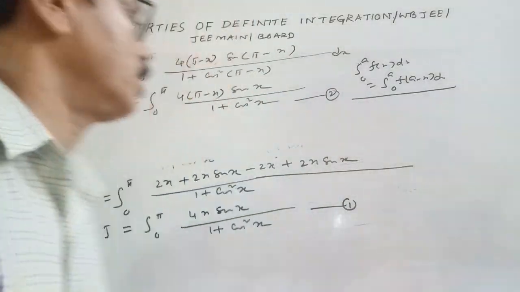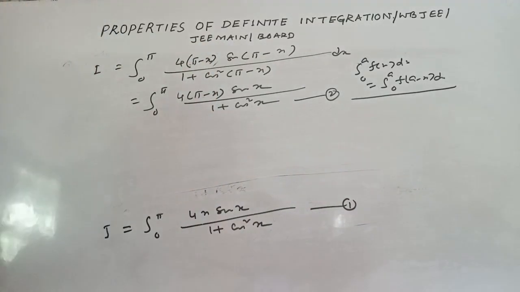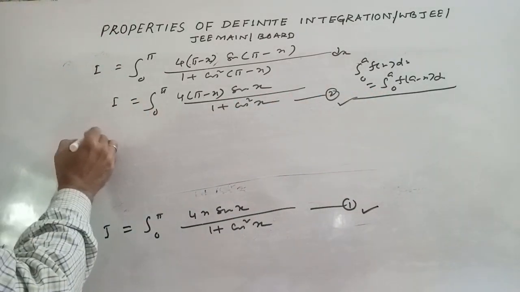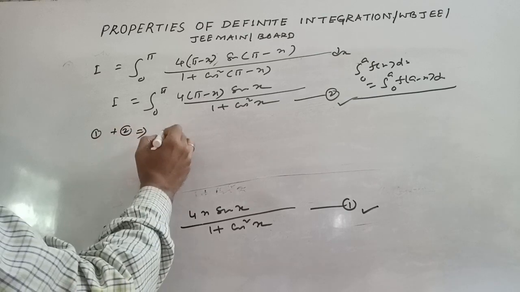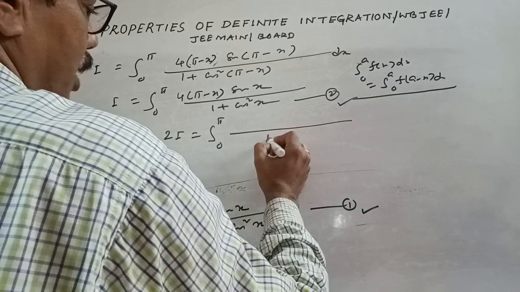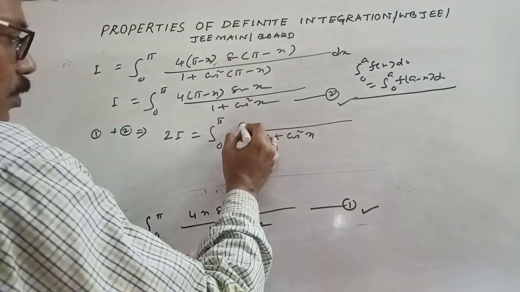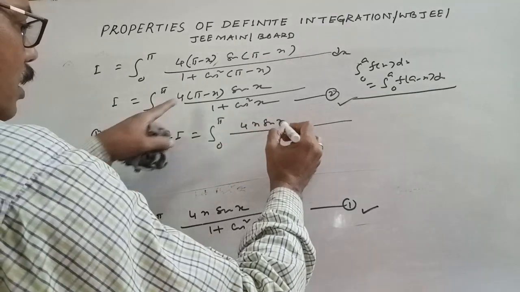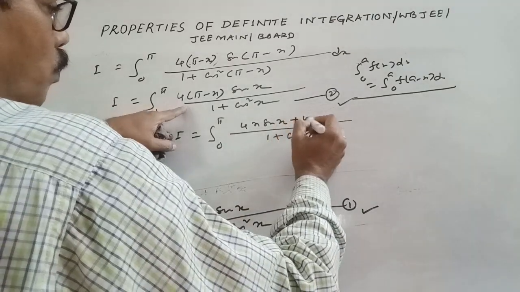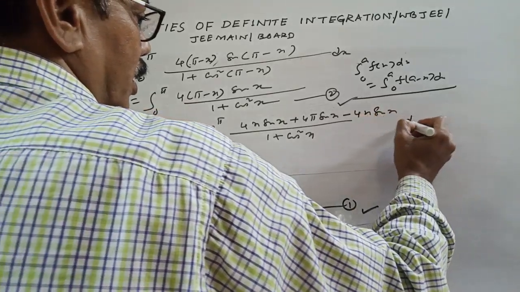So x is to be replaced by pi minus x. So this is 1, this is 2, and this is also I. So 1 plus 2 implies 2I equals integral 0 to pi. Same LCM, 1 plus cos square x. This is 4x sin x, and this is 4 pi sin x minus 4x sin x dx.